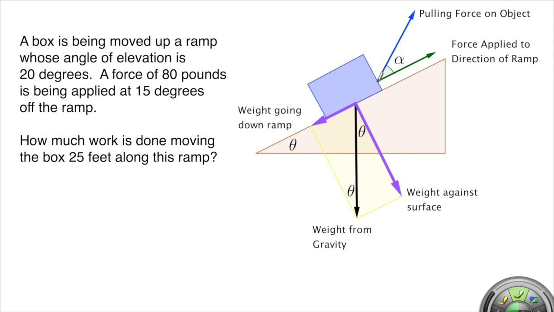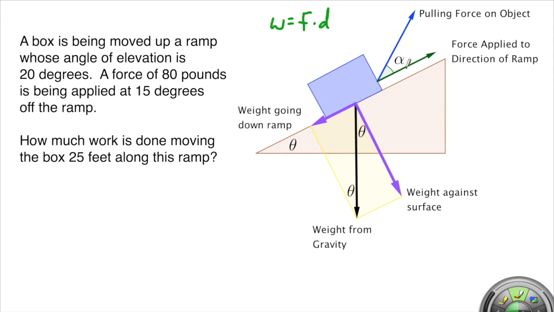In other words, the magnitude of this vector has to be greater than the magnitude of that vector, otherwise the object would start going down. So if we apply this force pulling off angle a little bit, the object should go up the ramp. That's going to create work. And work generally is force times distance, as long as the force and the distance are in the same direction.